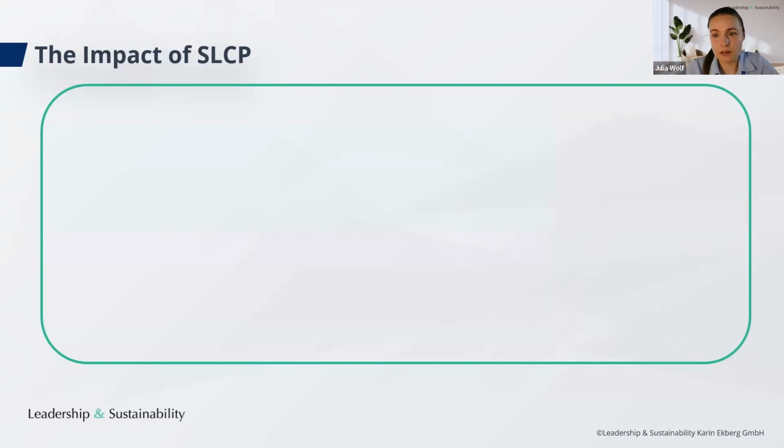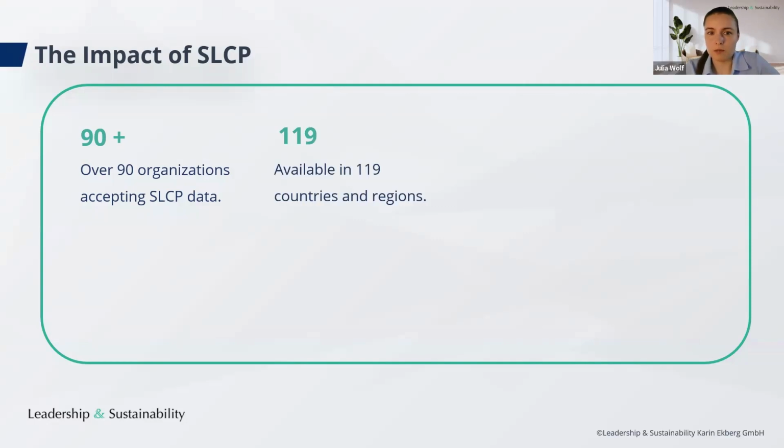Here I'm listing some facts and figures around the impact of SLCP. At the moment, around 90 organizations are accepting SLCP data, which is quite a big number. It is available in 119 countries and regions, as SLCP has just enlarged their country coverage.